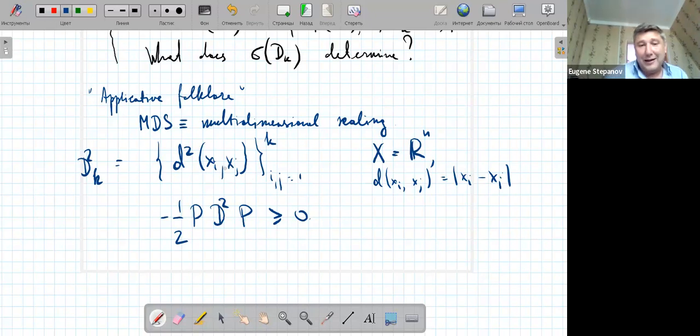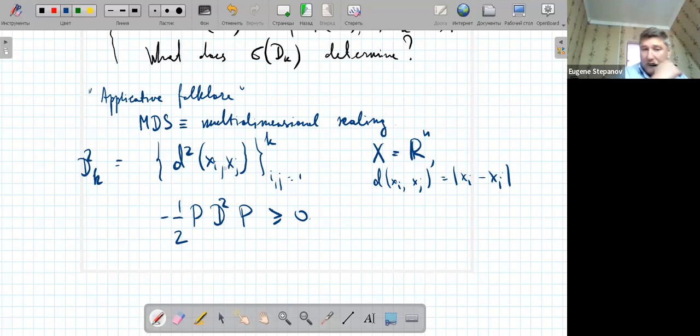Now, what happens if the distances are not Euclidean? Lots of people in applications just adapt this method to a non-Euclidean situation without caring too much how it works and what it actually reconstructs.